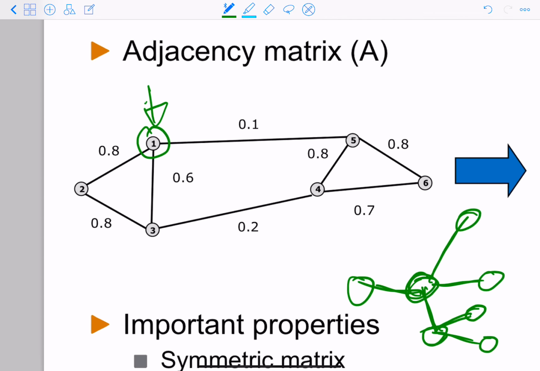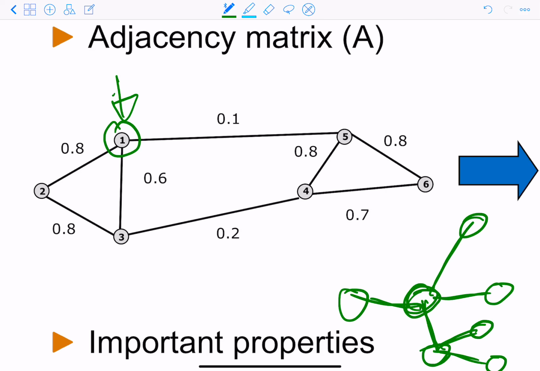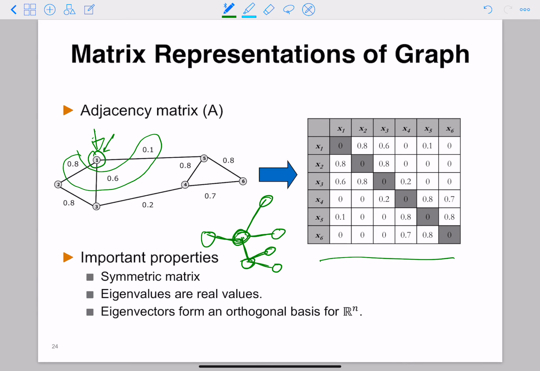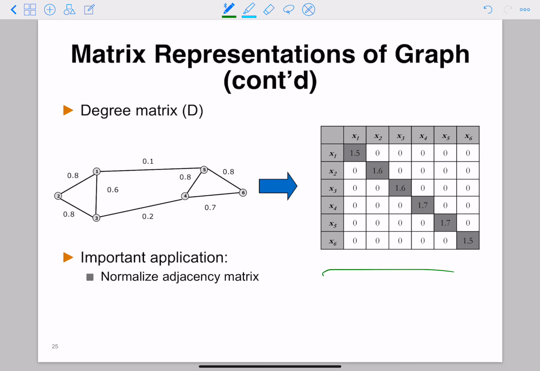But in the case of weighted graphs, the degree of a node is simply the sum of the edge weights connected to this node, right? And from this matrix, the degree matrix can be computed by simply adding these values. In the case of a symmetric matrix, those two values will be the same, and so the sum of it can be placed over here as a diagonal entry. So we can consider this degree matrix.